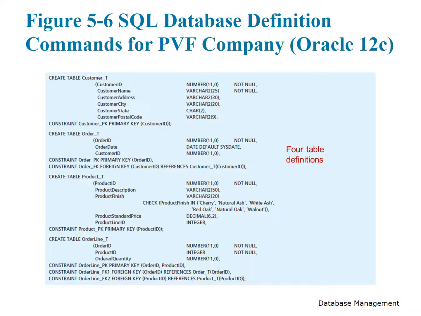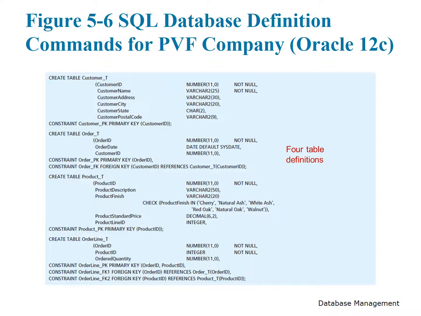In Figure 5-6, creation of the product table includes a check constraint which lists the possible values for product finish. Even though an entry of white maple would meet the VARCHAR2 data type constraint, it would be rejected because white maple is not in the check list.